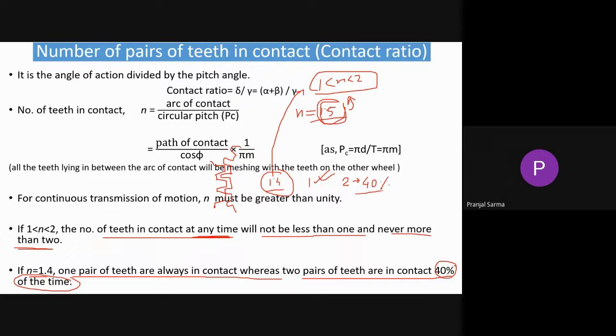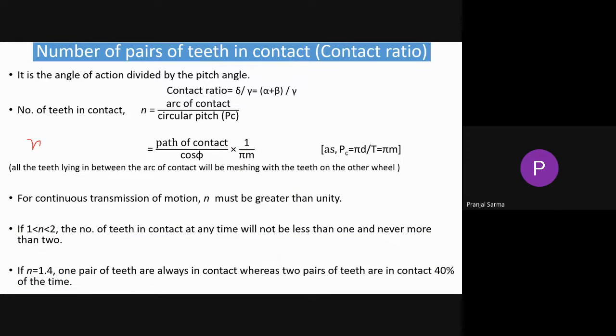Now can anyone tell me, if the value of n that you have obtained is 2.3, then what will be the meaning? Who can tell me?